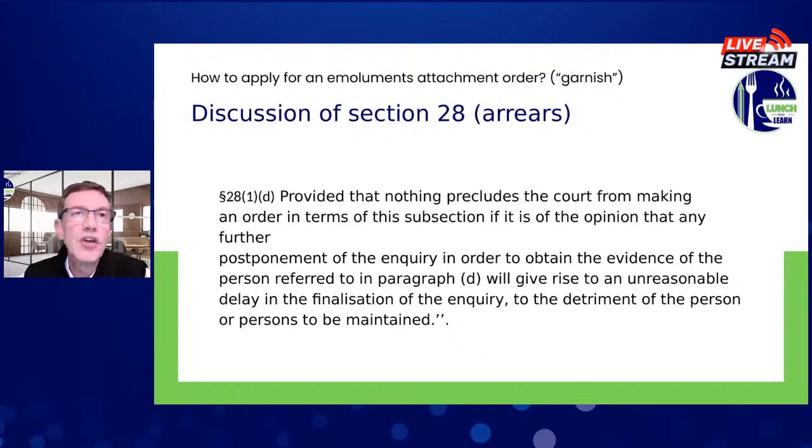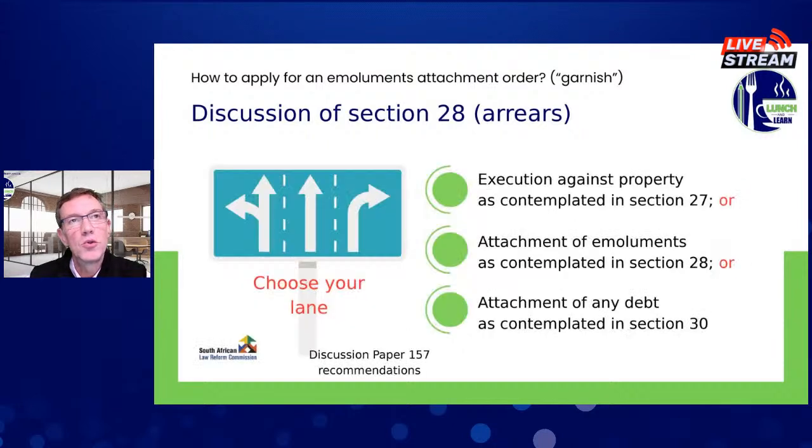Section 28(1)(d) is not very often used. It is very much overlooked by many of the maintenance officers in court, but you are well within your rights to ask for a garnishee order that could be implemented immediately, if the matter needs to be postponed, because there is an unreasonable delay in the finalization of the inquiry and a reason for the court to postpone the matter in order to obtain further evidence that needs to be presented to court.